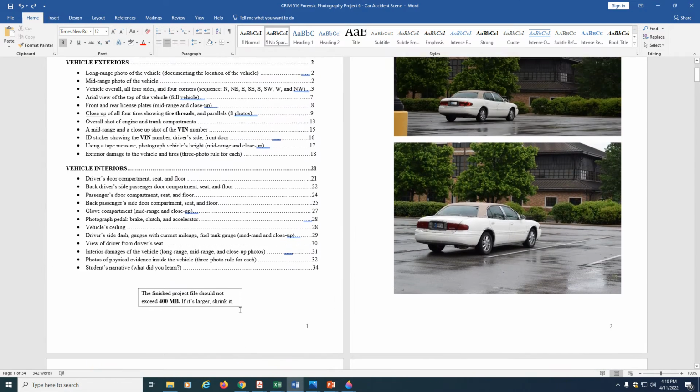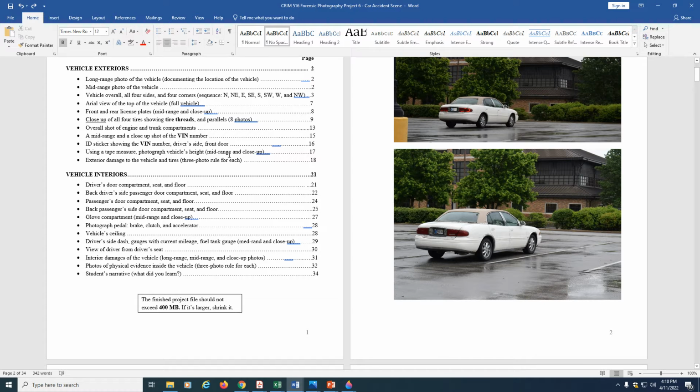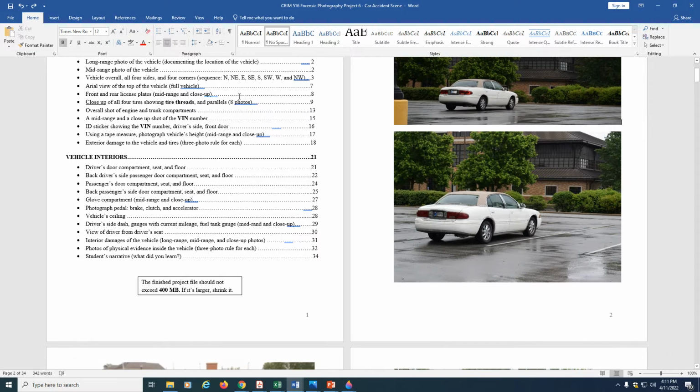If you're good enough with directions, you can, as it states here, do 4 corners based on north, northeast, etc. Right? Work your way around the vehicle, and I'll show you some examples of what we had to do for this one. And what I would recommend if you don't know directions very well, or you live in a place where it's a little bit more difficult to determine that, just simply start on the same corner and indicate what corner you're starting on.